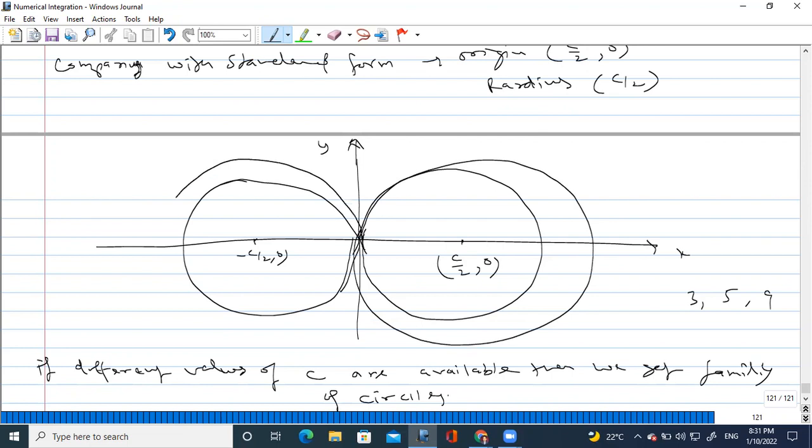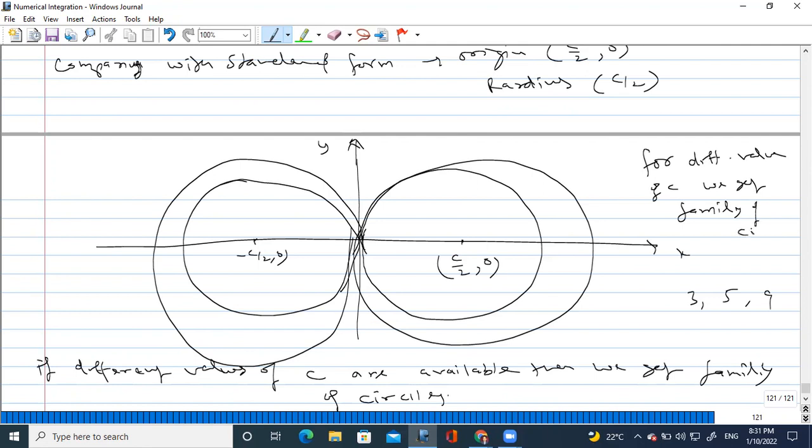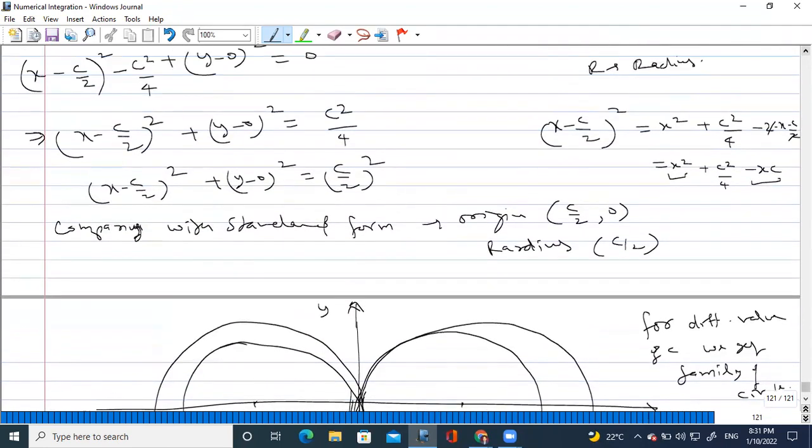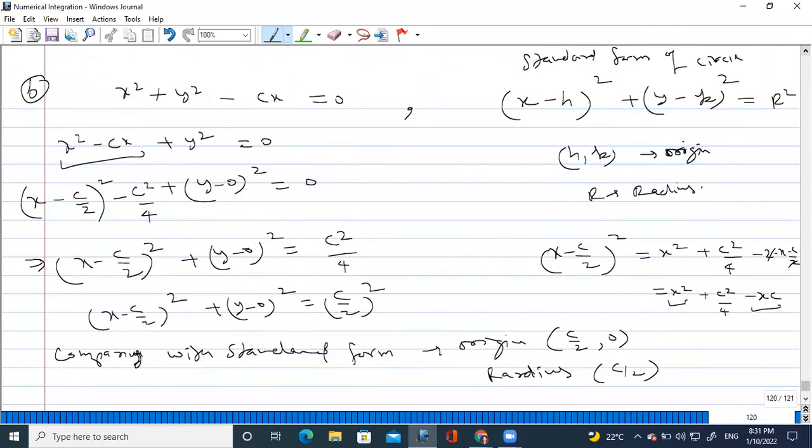And on the negative side, this also can be a circle. Okay. So you can say that for different values of c, we get a family of circles. So this is the answer. If only a single value of c is there, then a single circle. So note it down first.